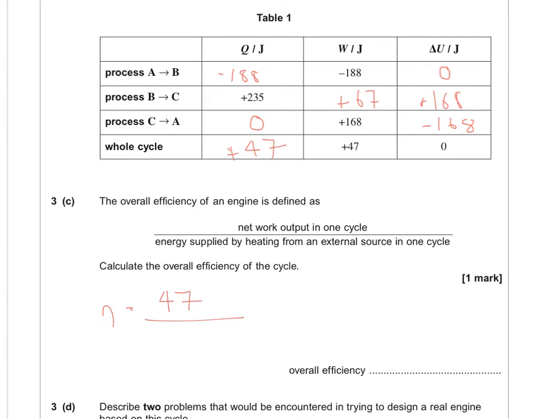And the energy supplied through heating is going to be during process B to C, because that's where the combustion occurs. So that will be this Q up here, the 235. Let's calculate that. 47 divided by 235, which is 0.2 or 20% efficiency overall there.